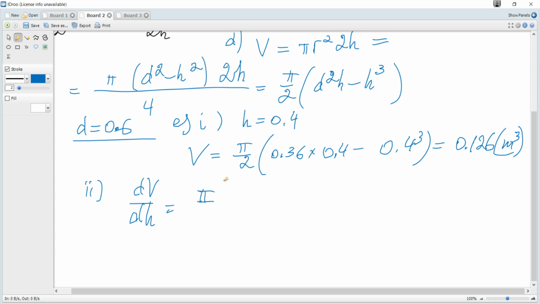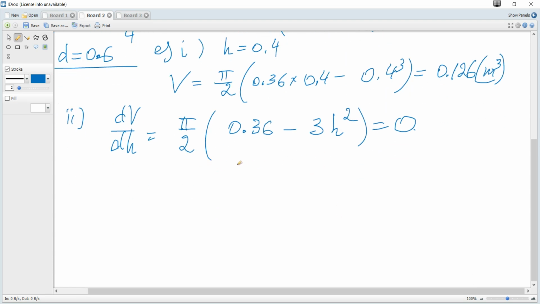You may expand, it doesn't matter. The derivative of a sum or difference is the sum or difference of derivatives. So d squared h, with respect to h: d squared is constant multiplied by h, so it's d squared multiplied by 1, and d squared is 0.36, minus h cubed, whose derivative is just 3h squared, and it should be 0.